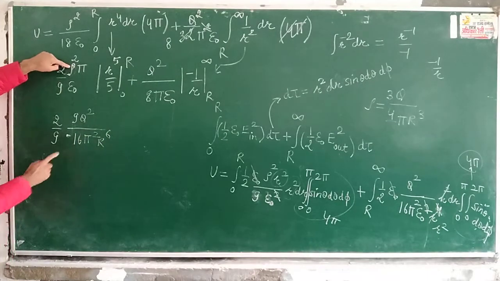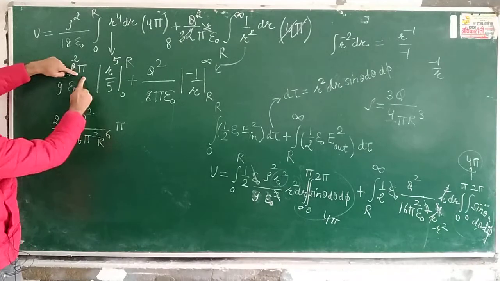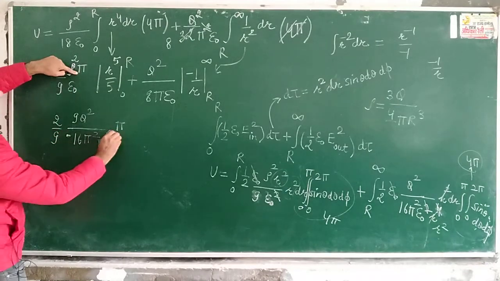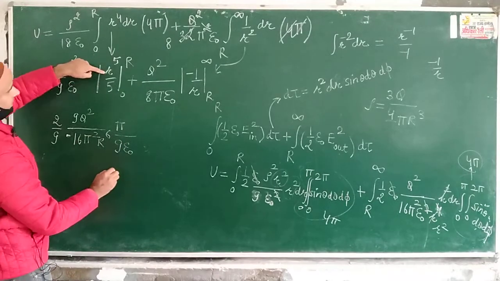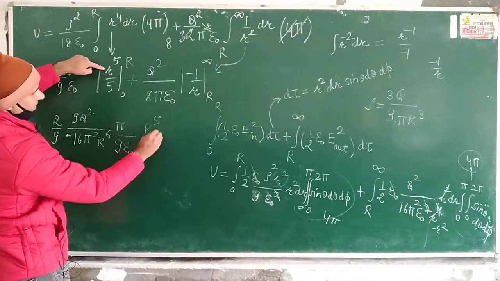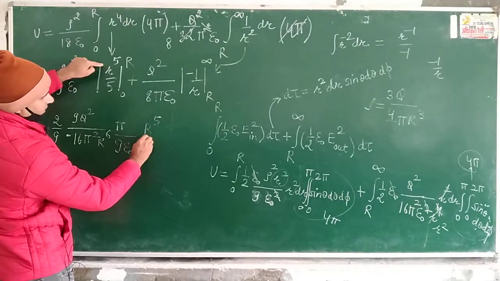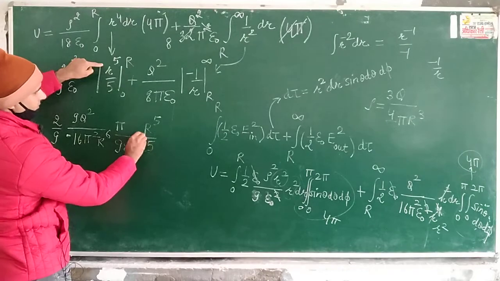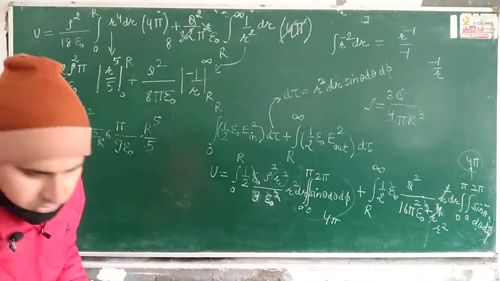So this is the value of rho square, and then you have pi, and then divided by 9 into epsilon node, and here we will put the limits, so it will be r raised to power 5 by 5 minus 0. Okay, so I will write it r raised to power 5 by 5 simply, and now we will solve this limit.